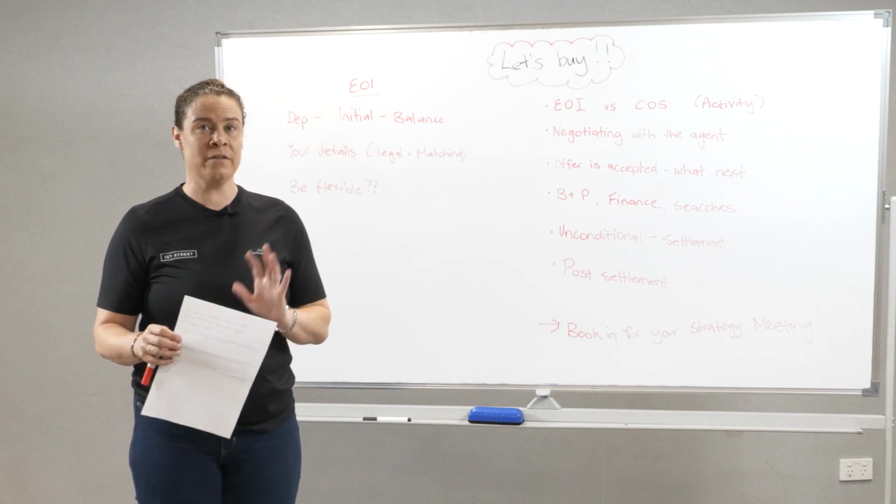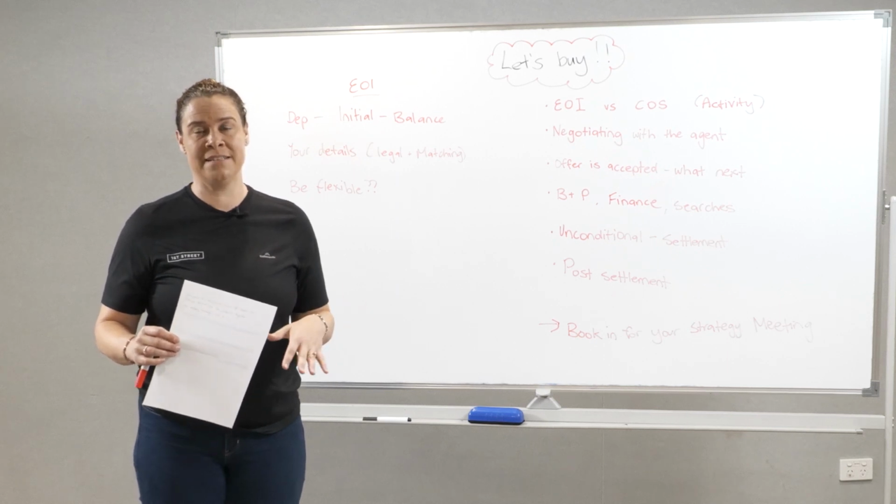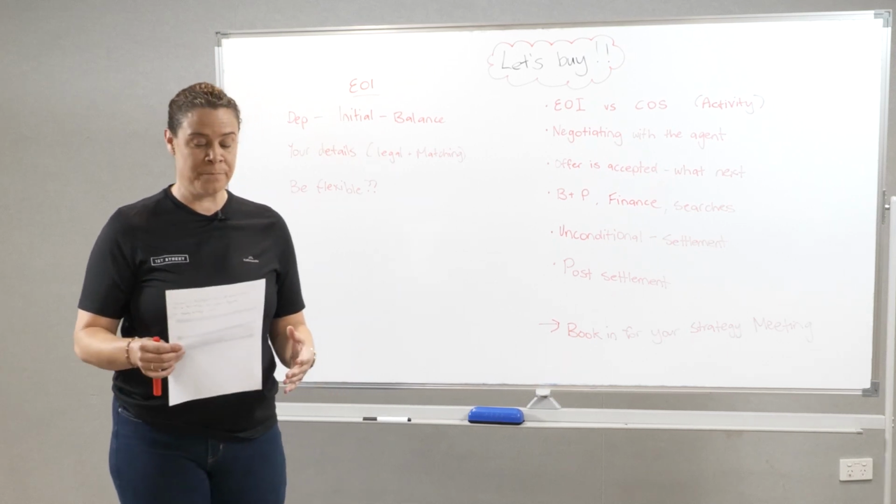So just keep in mind that all of these things are actually important on the form, and wherever you can be flexible to the vendor's needs, your offer will likely be more favourable.